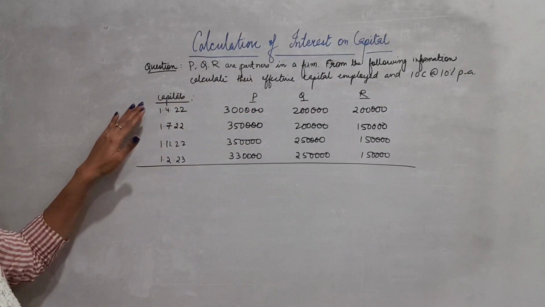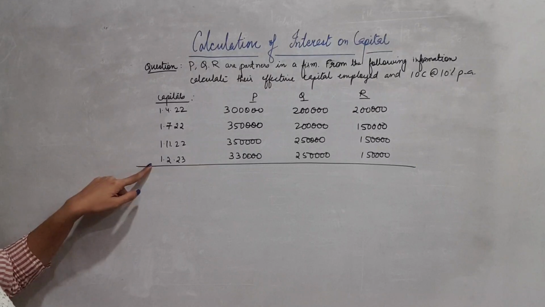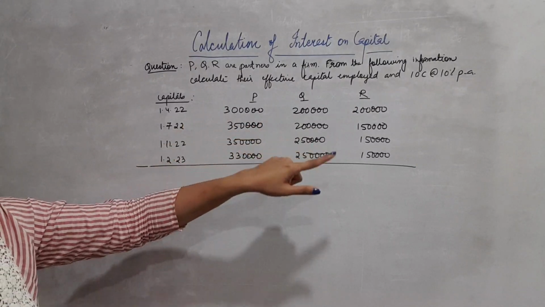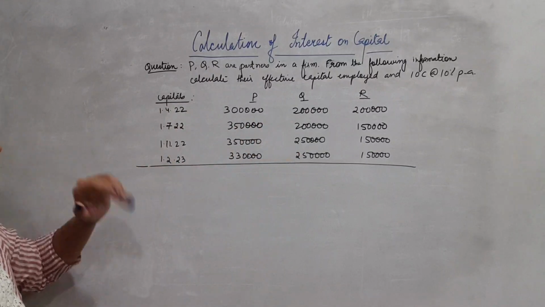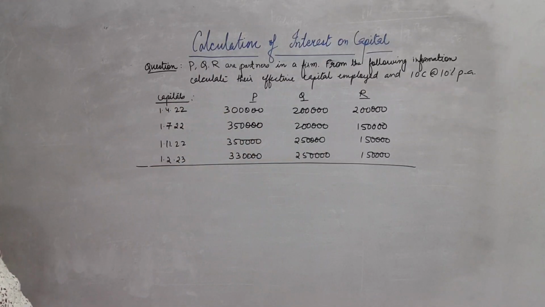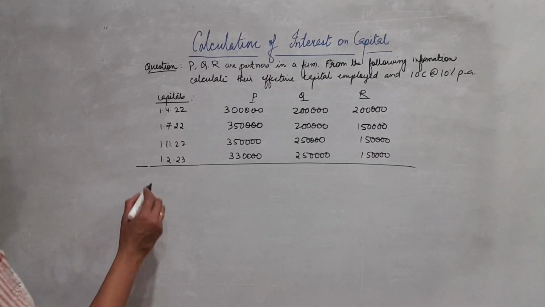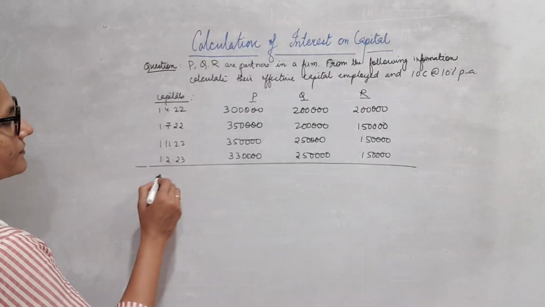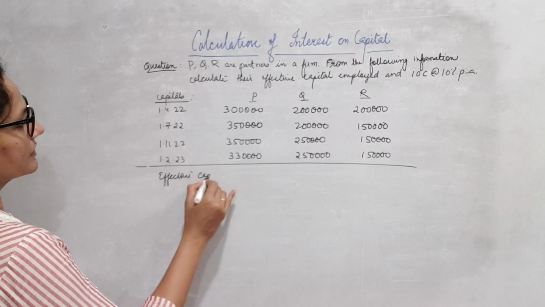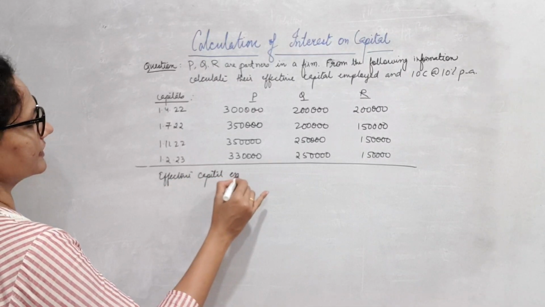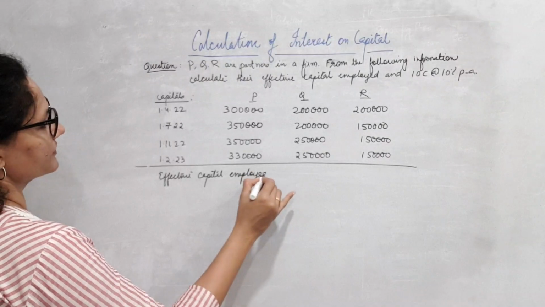Now see, capitals are given on 4 different dates and the amounts are also given. Some places it's changing, some places it's the same. Let us take P in the first place, alright? P here. So let's calculate first thing, the effective capital employed.